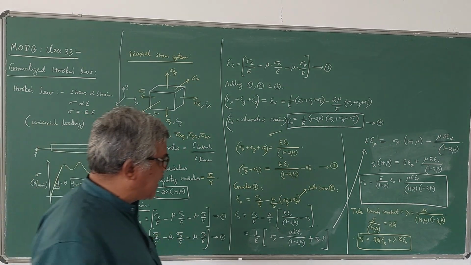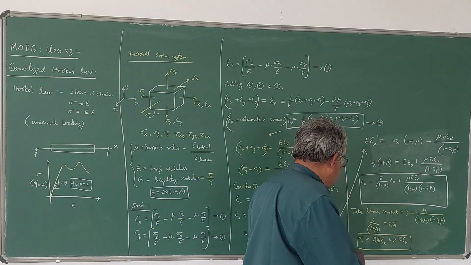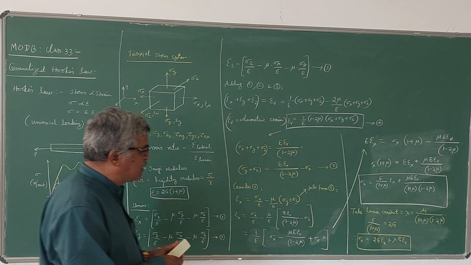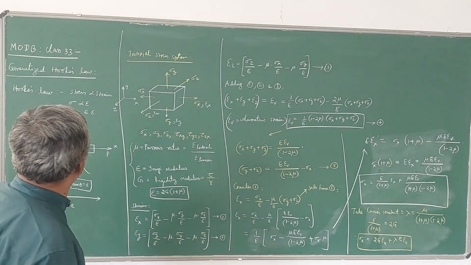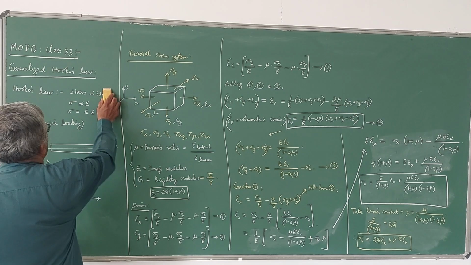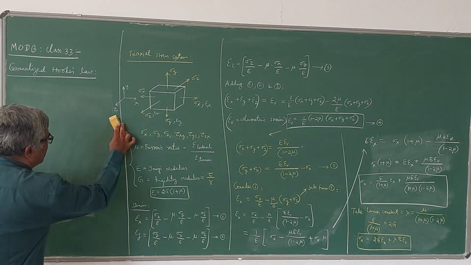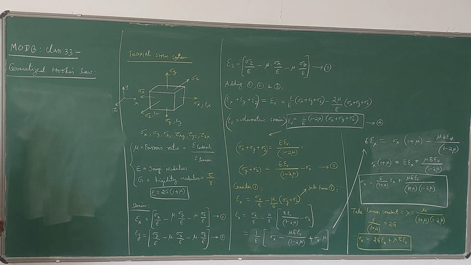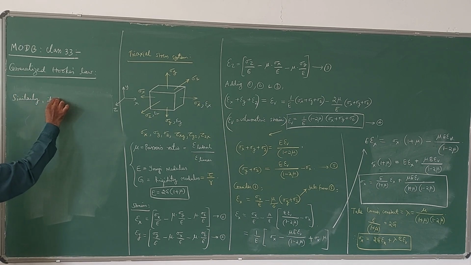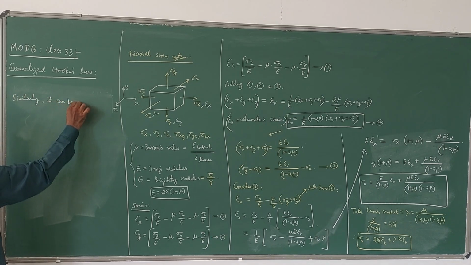Now on similar lines we can prove the expressions for sigma y and sigma z also. You need not prove it, you can directly write that. Similarly it can be proved.